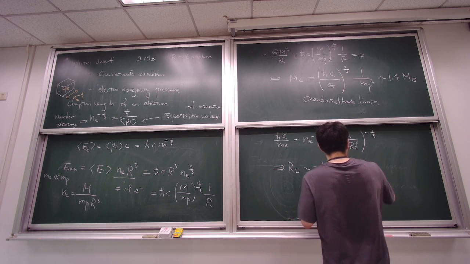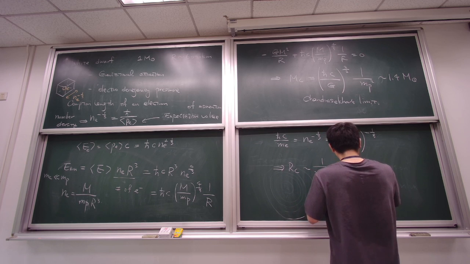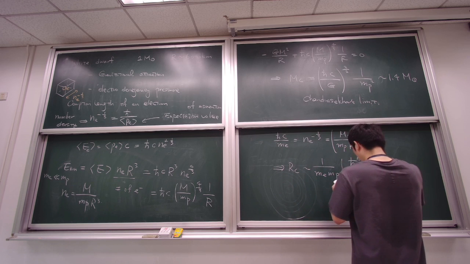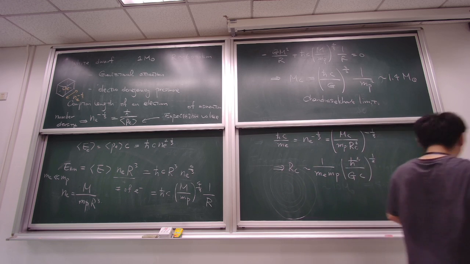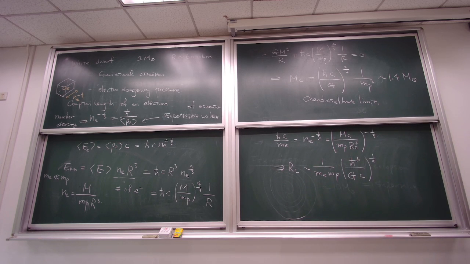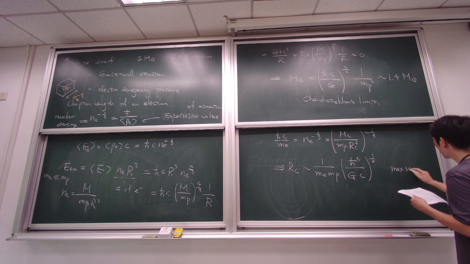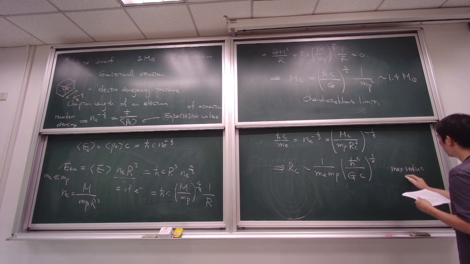So this gives you Rc roughly equal to the radius of the white dwarf, the maximum radius of a white dwarf. This is a rough estimate of the maximum radius for a white dwarf.